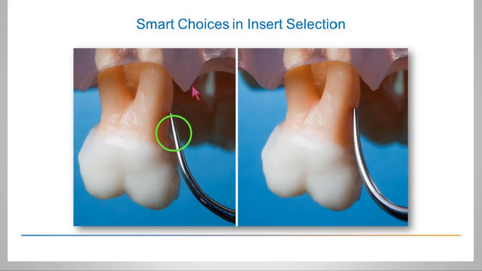So here you can notice a gap between the straight insert and the concave root surface of the molar. And then when we look at the adaptation of the curved tip here, that space is not evident.